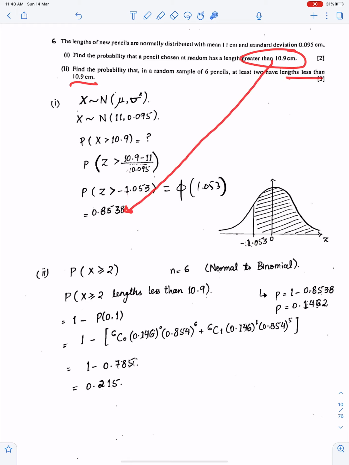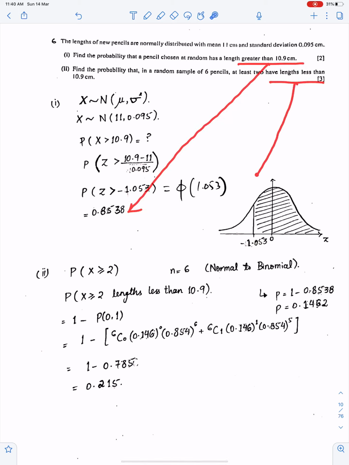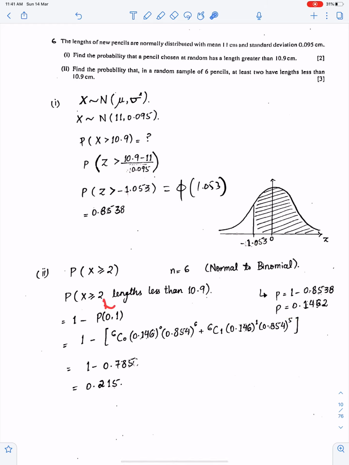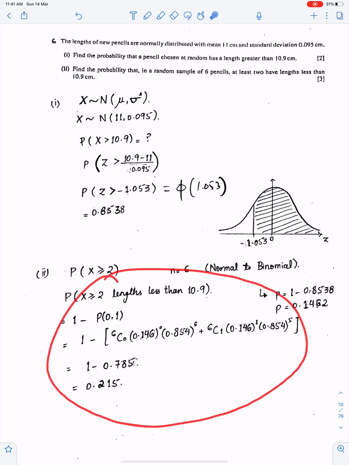So less than 10.9, the probability will be 1 minus this, which is this. So by using binomial distribution, we can get this probability. Greater than or equal to 2 means 1 minus the probability of 0 and 1. If you are good at binomial, you can easily handle these calculations yourself.